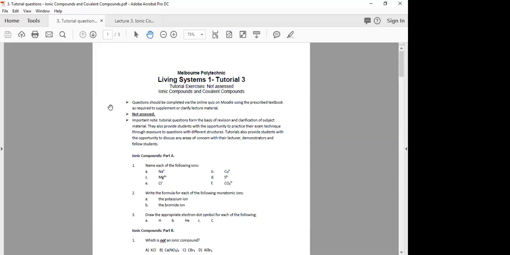But of course, the online quiz is not assessed. But you can go on there and put in all your answers, make sure that you're understanding everything. With the non-assessed online quizzes, you can have as many attempts as you like. You're not limited to only the 2 attempts.